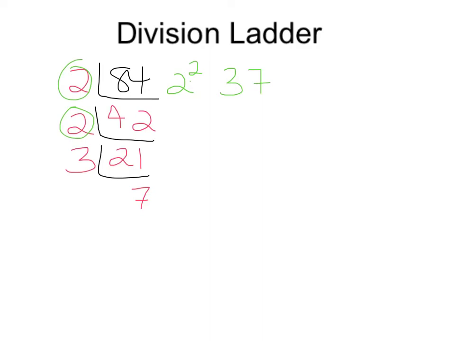So it would be 2 squared times 3 times 7. So this is our prime factorization for 84 using a division ladder. You can easily see why it's called a ladder, because we have the rungs of the ladder going up.